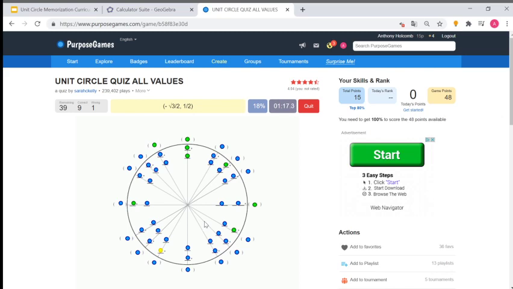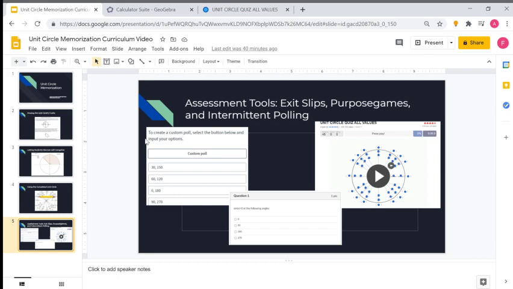Now, you may want to put a time limit. For example, here, it's counting the time. You might want to say, students, you need to complete this in under 3 minutes with 100% accuracy. Or you might give an incentive. Students that do complete this in under 3 minutes with 100% accuracy will receive 10 points of extra credit. That's your prerogative on what you wish to do.